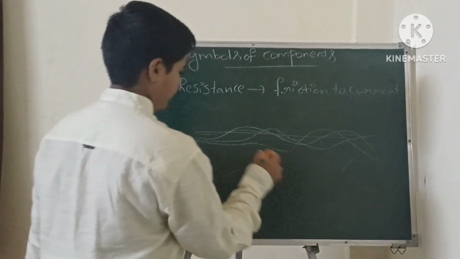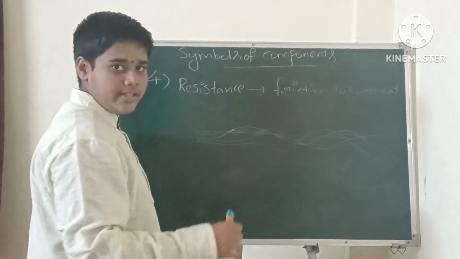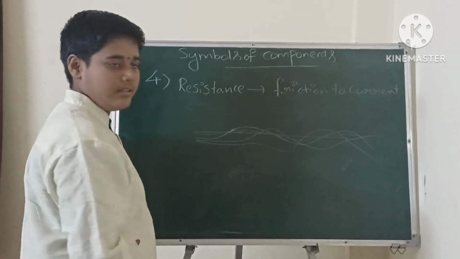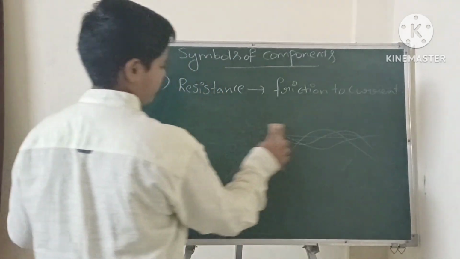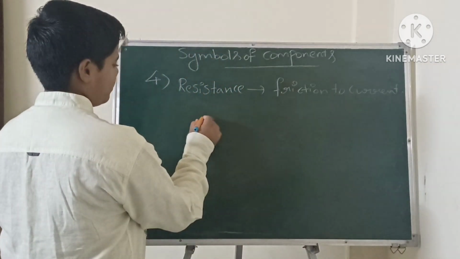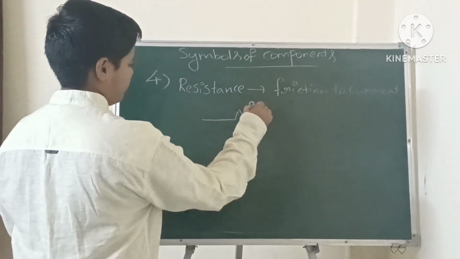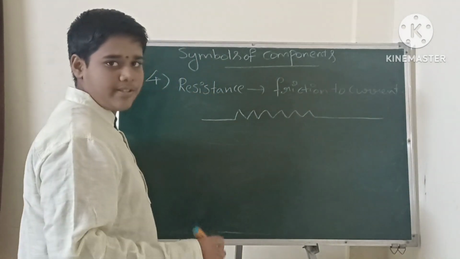Here the junction between these wires is a friction. So that is called resistance. And the resistance symbol we have to represent like this.